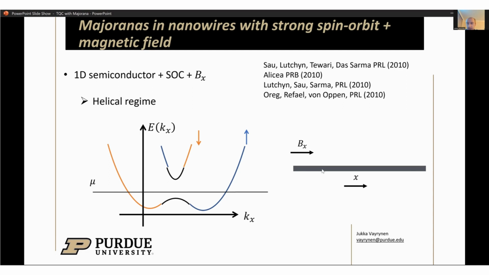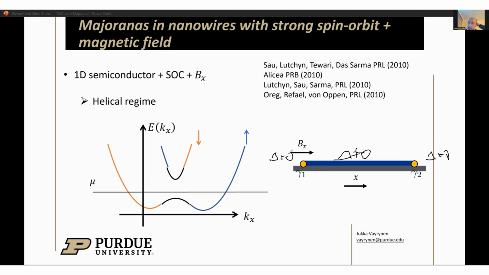And indeed, in this picture on the right, where I have the wire now in a magnetic field, if we place a superconductor on top of this, which is shown in blue, it will induce this delta term. So there will be a delta which is non-zero here, and outside delta is 0 everywhere.